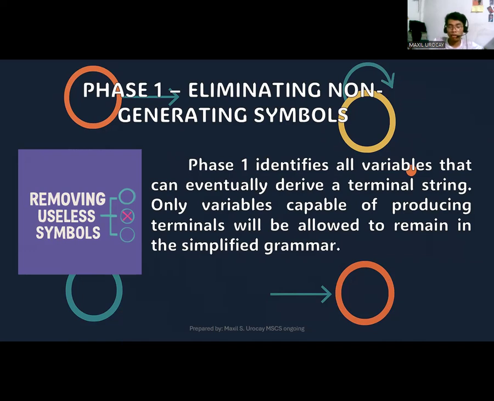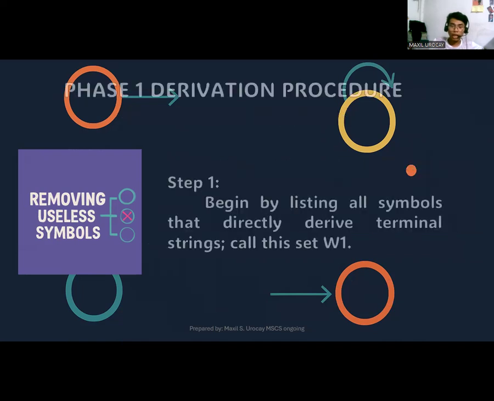Only variables that are capable of producing terminals will be allowed to remain in the simplified grammar. Otherwise, we remove those cases. In this first step, you begin by listing all the symbols that directly derive terminal strings, and we call that set W1. No worries on that.